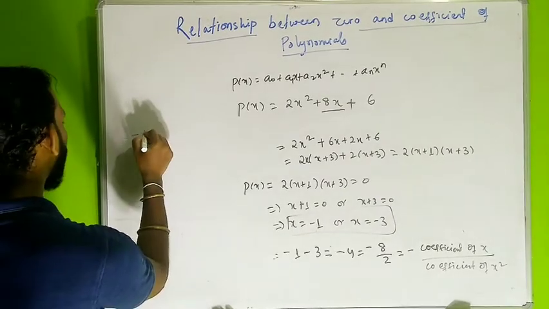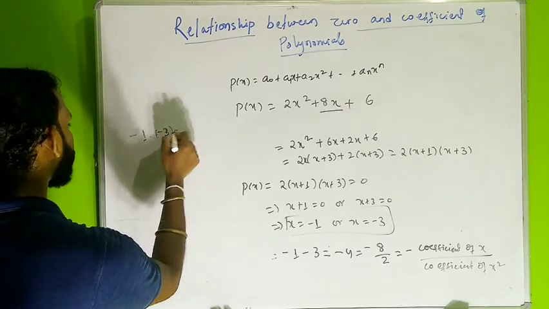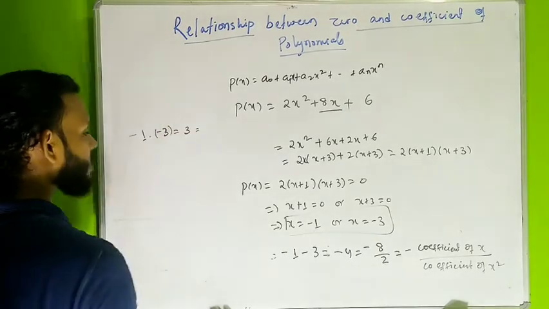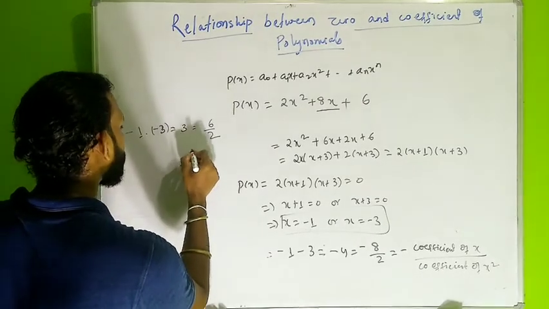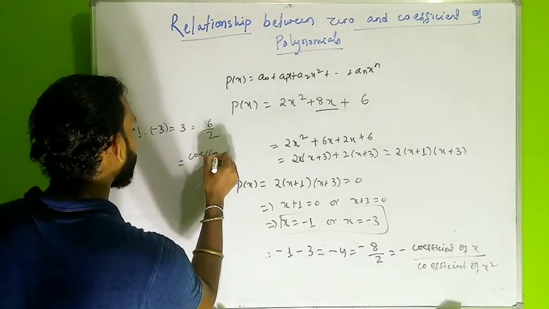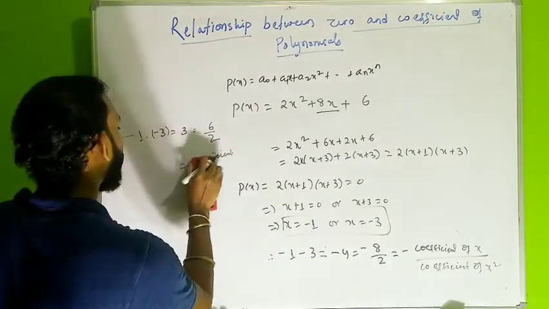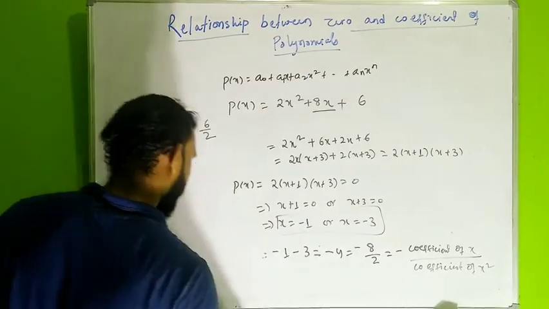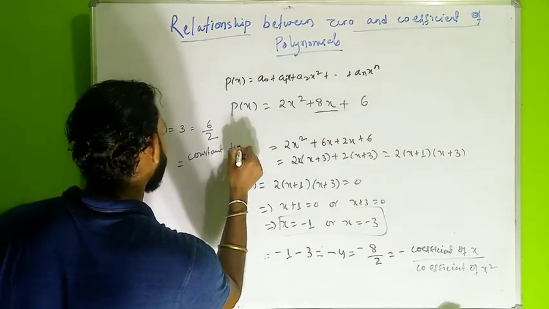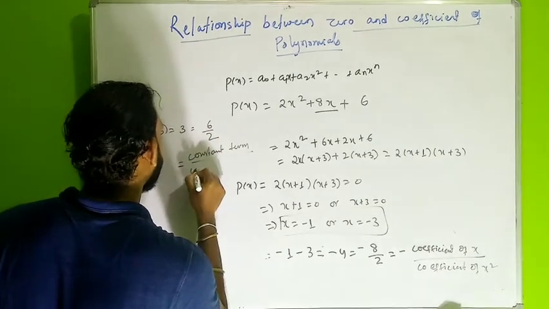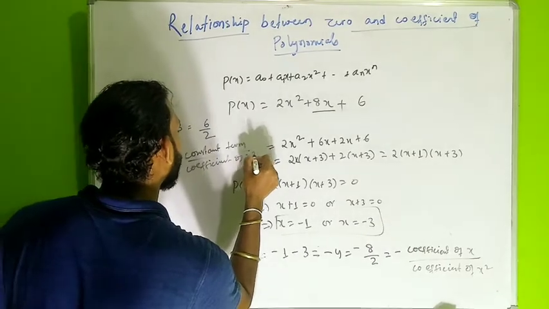Similarly, if I consider the product, minus 1 into minus 3, that is equal to 3, which is equal to 6 by 2. That is the constant term divided by the coefficient of x square.